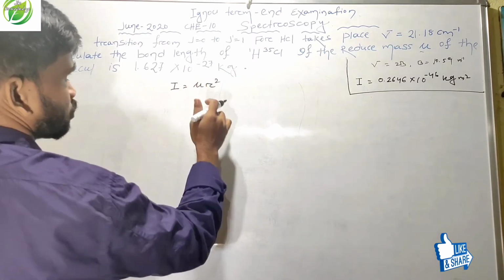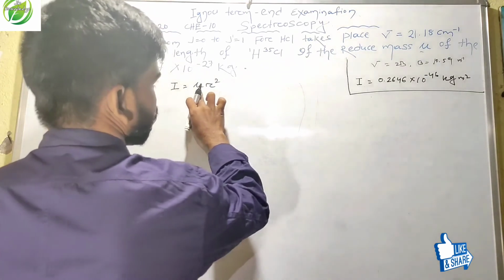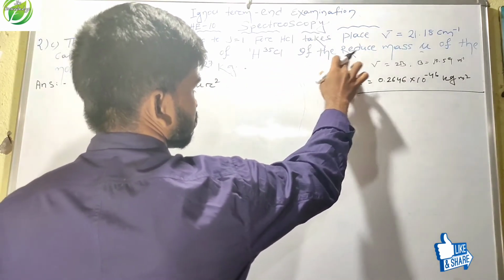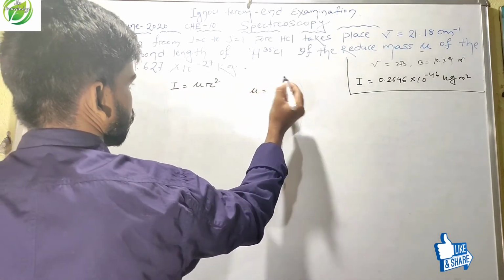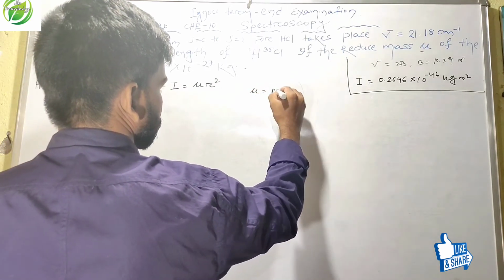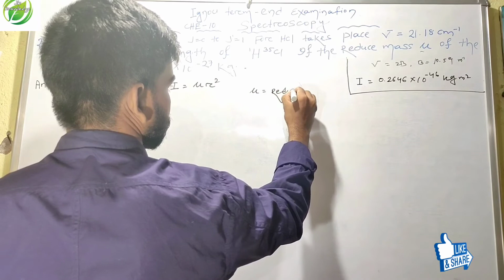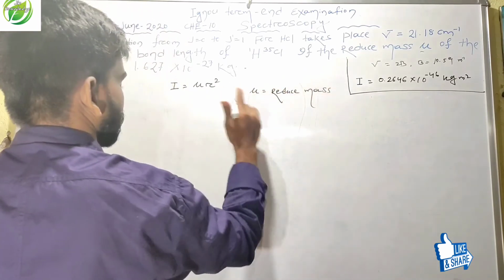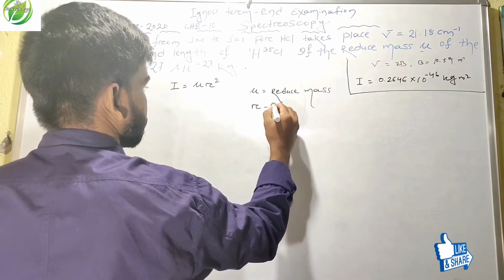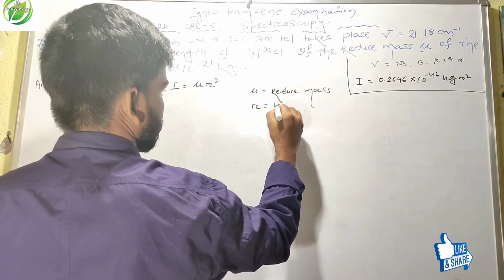According to this equation, the mu value is already given, where mu is the reduced mass and r is the bond length.